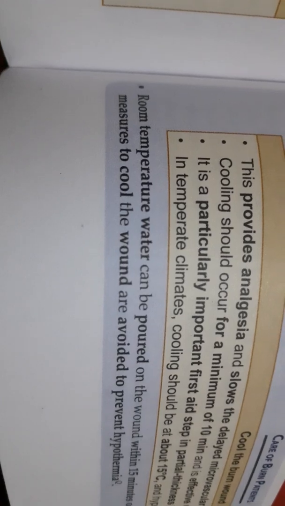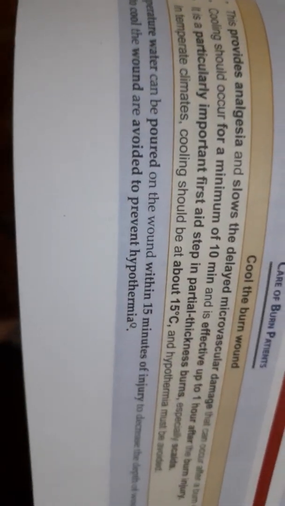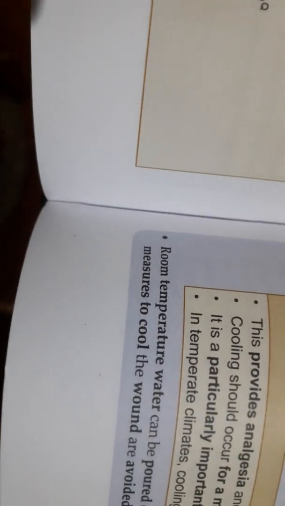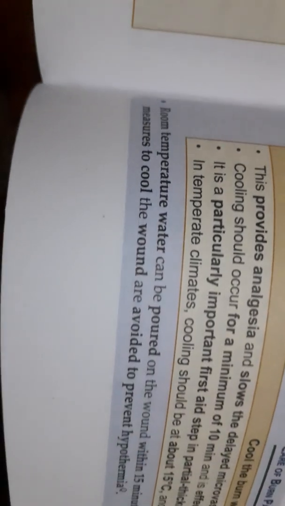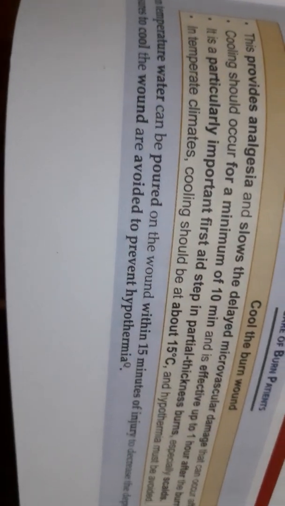Room temperature water can be poured on the wound within 15 minutes of injury to decrease the depth of the wound, but any subsequent measures to cool the wound are avoided to prevent hypothermia.